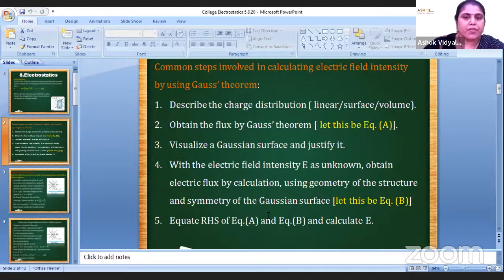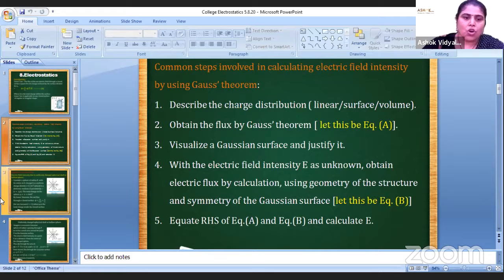In this way, we can find out the electric intensity. On the basis of these common steps involved in calculating electric field intensity by using the Gauss theorem, we are going to find out the electric intensity from the different surfaces, and this is nothing but the applications of the Gauss law. Now let's move towards the next topic of this chapter, that is the application of the Gauss law.